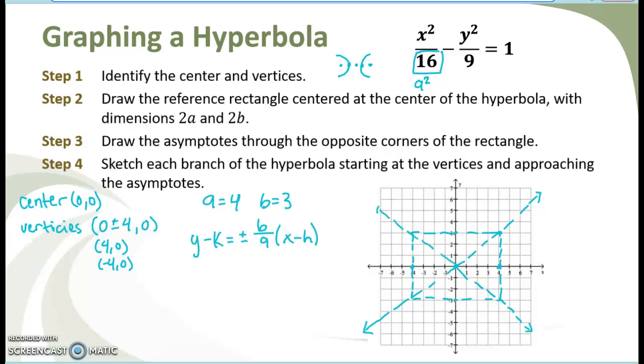And then step 4 says to sketch each branch of the hyperbola starting at the vertex, and then it's going to start approaching that asymptote as it goes out like this. So again, that's why hyperbolas are different than parabolas, because we aren't following this quadratic end behavior. We're starting to follow those lines. So that is how you graph that hyperbola.